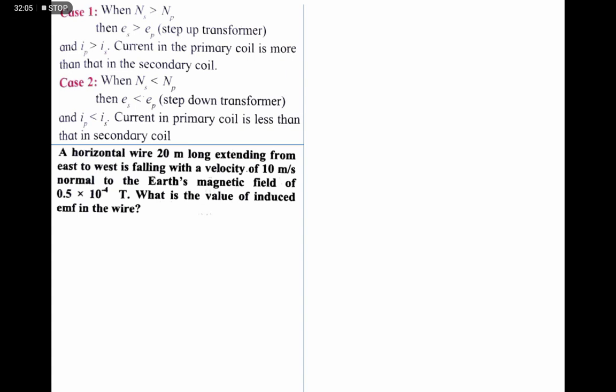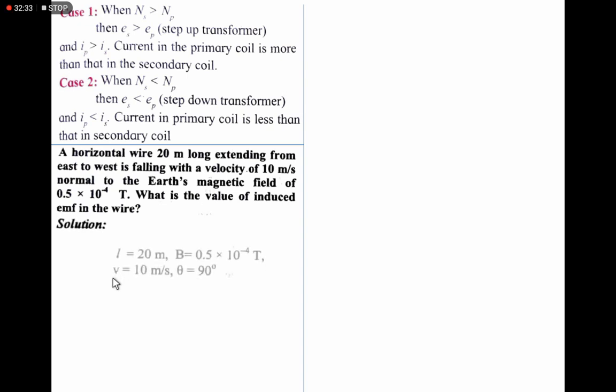What is the value of induced EMF in the wire? We know that when the wire is in motion in the Earth's magnetic field, flux changes and EMF is induced in the wire.